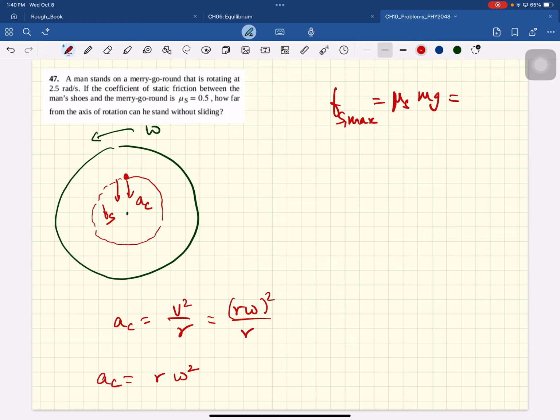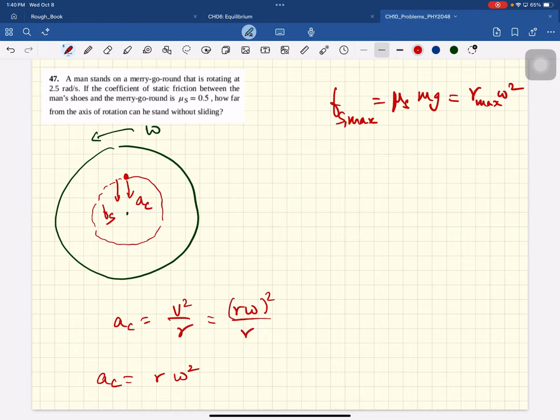And so this gives you the maximum distance he can stand. If he stands beyond that, he'll just be flung away. His shoes can't hold him down.